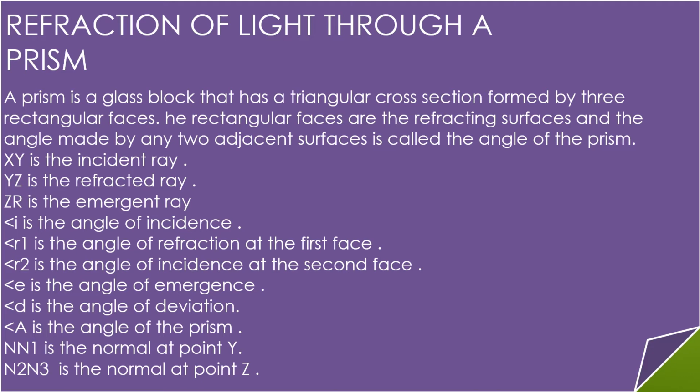ZR is the emergent ray. i is the angle of incidence. r1 is the angle of refraction at the first face. r2 is the angle of incidence at the second face. e is the angle of emergence. D is the angle of deviation. A is the angle of the prism. N1 is the normal at point Y and N2 is the normal at point Z.